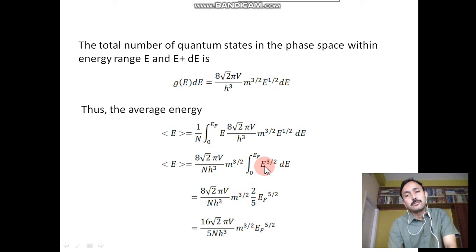Now this becomes 2 by 5 E to the power 5 by 2, and putting the limit, EF to the power 5 by 2. So this becomes 16 root 2 pi V by 5 N h cube m to the power 3 by 2 EF to the power 5 by 2. Now we will put the value of N.